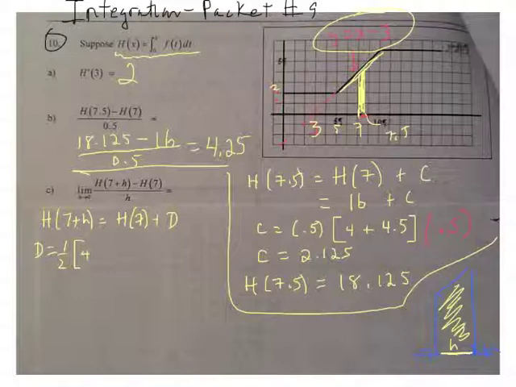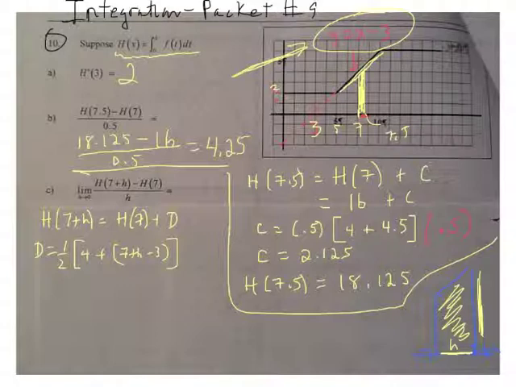And then at the right-hand side of the trapezoid, I have to put 7 plus h into my function. So I have 7 plus h minus 3. Now I have to multiply that by the base, which again is just h.